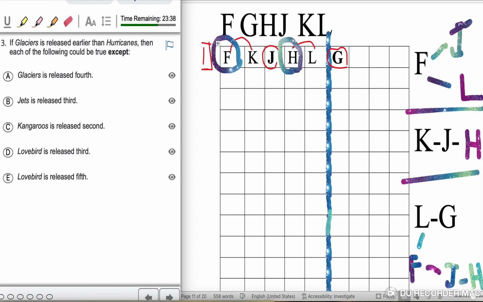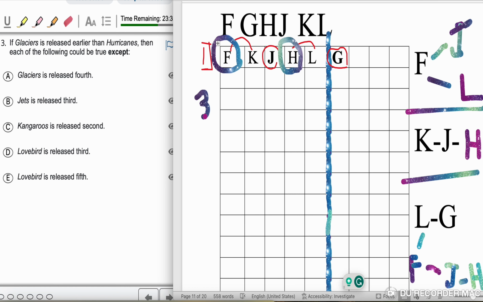Question 3: if G is released earlier than H, then which of the following could be true except? So I have to put in a game world where G is released earlier than H. To make that possible, I'm going to put G here, and then H over here, in the end.